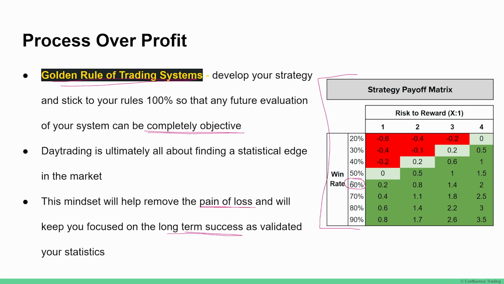Well, if every single time you win, you make 3R, then for that system, over the long run, on average, you're going to make 1.4R per trade. So if your R was $100, then over the long run, you're going to have averaged out to making $140 per trade. That is something that you can evaluate objectively and something that you can improve over time.